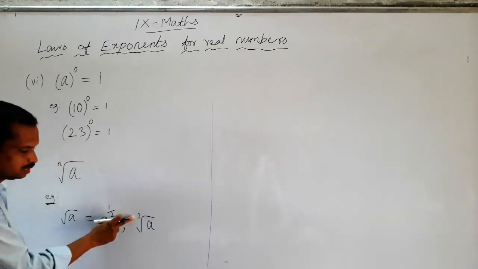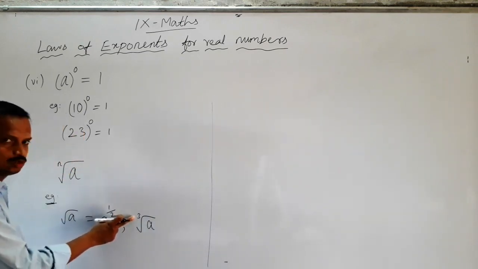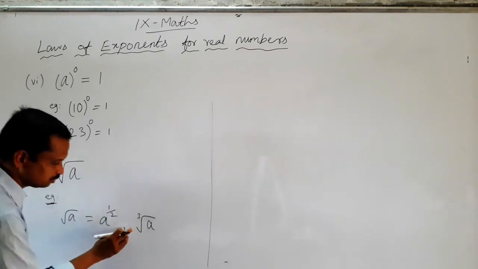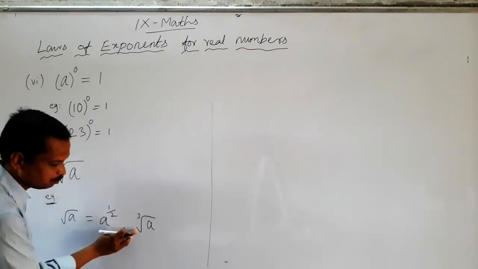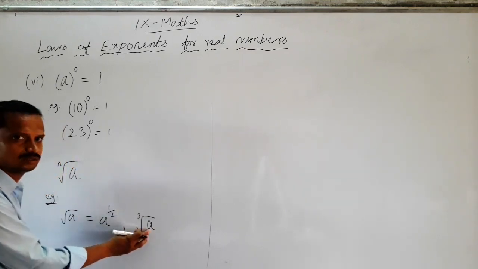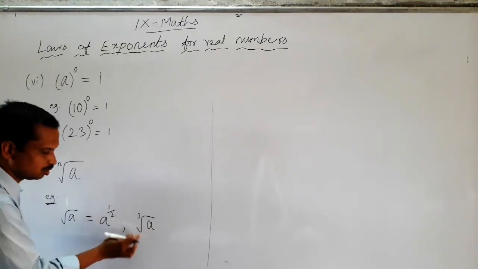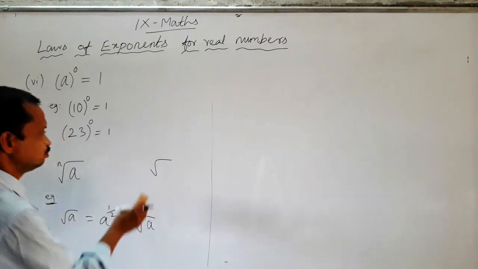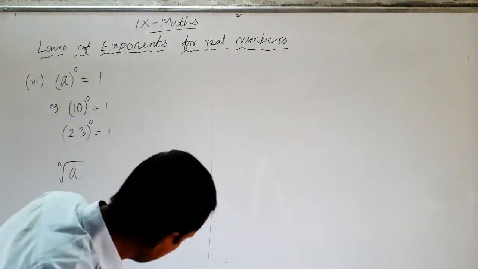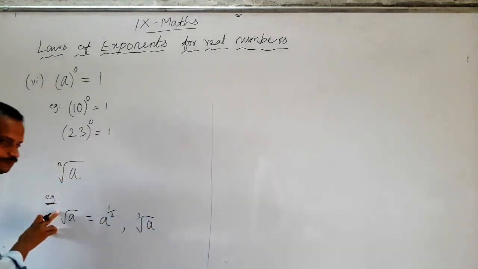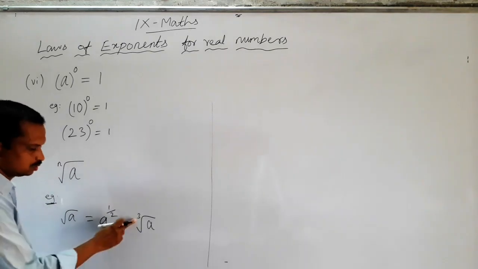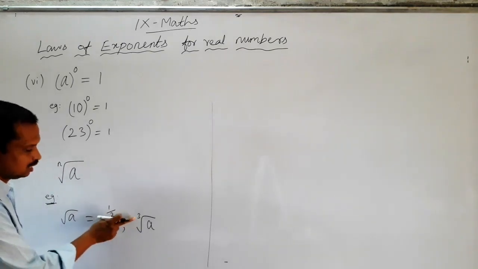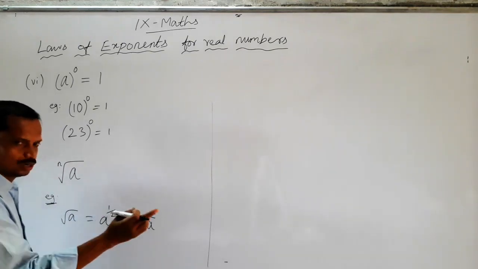I am writing the nth root here. Sometimes you write a small number here compared to the number inside the root. This is called the radical sign. For square root, no need to put the 2 here, but in other roots, for 3, 4, 5 like that, we have to write 3, 4 here.